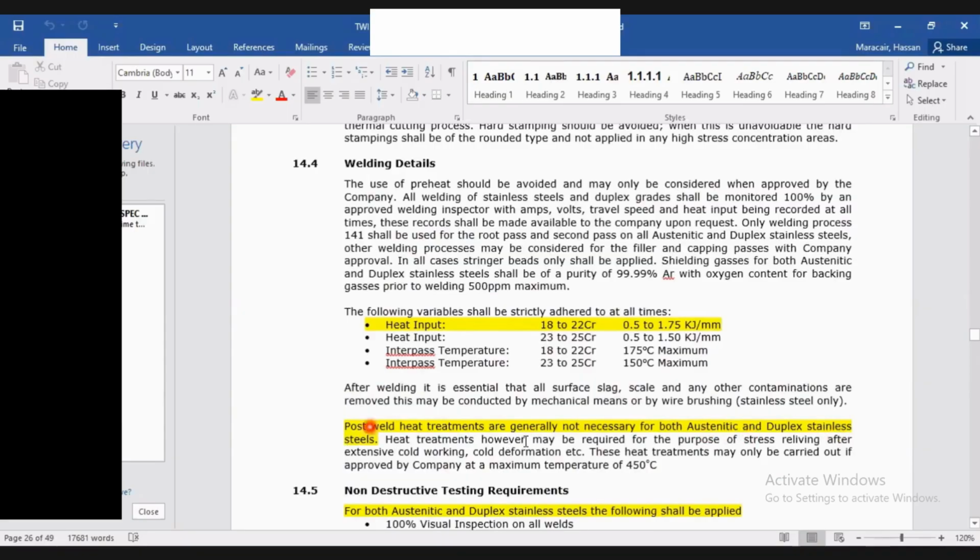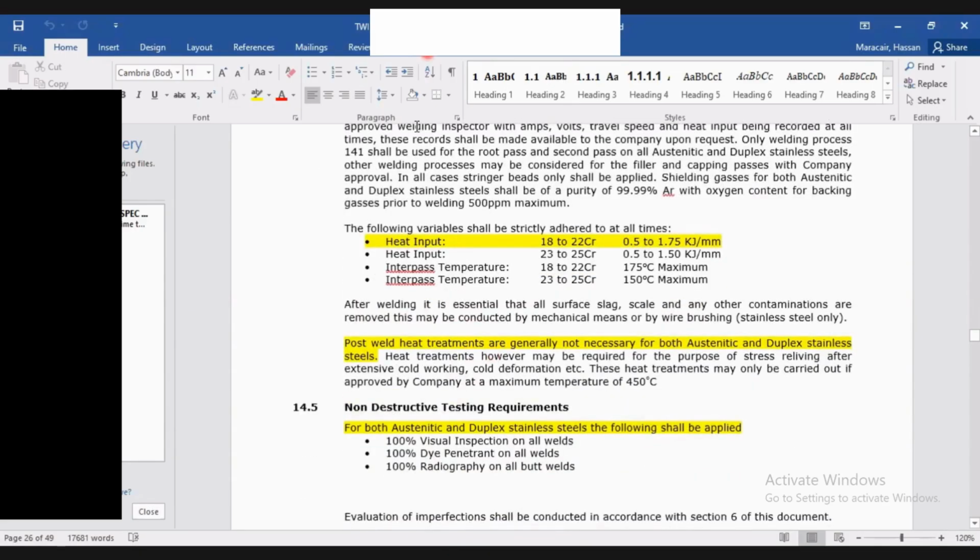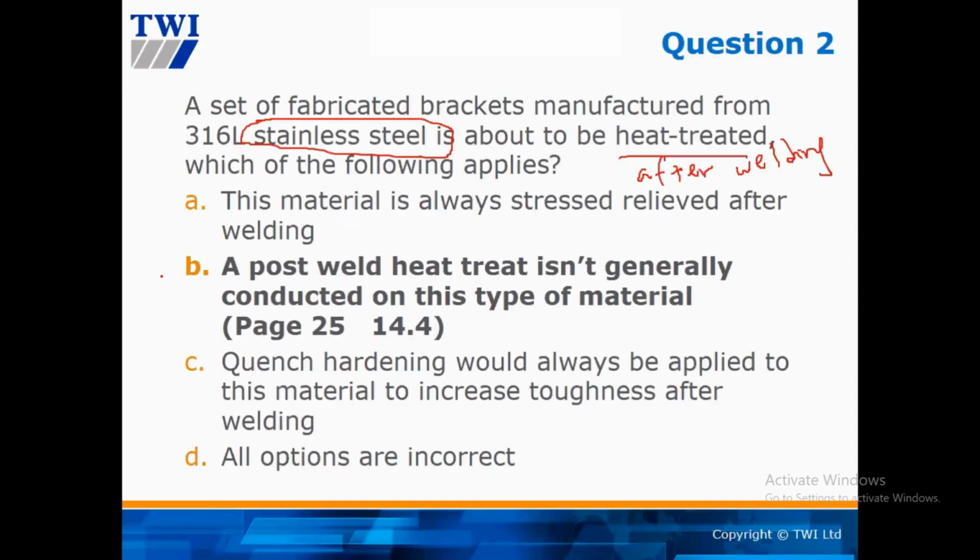Heat treatment, however, may be required for the purpose of stress relieving after extensive cold working, cold deformation, etc. This heat treatment may only be carried out if approved by company, maximum temperature 450. So that statement will give us the answer of B. Post-weld heat treatment isn't generally conducted on this type of material.